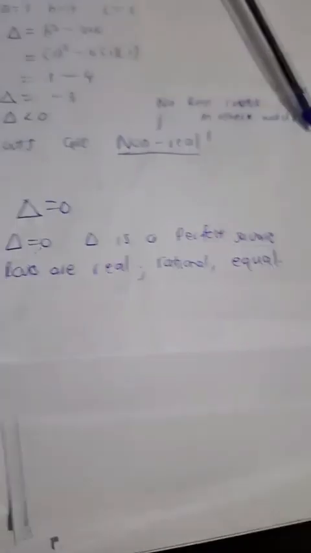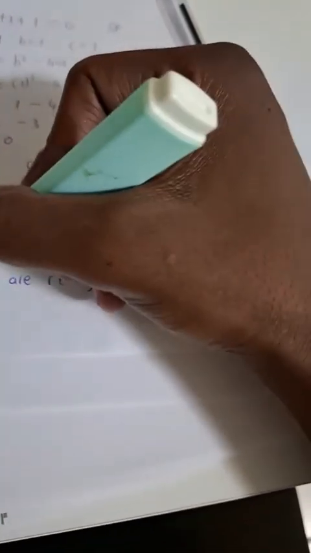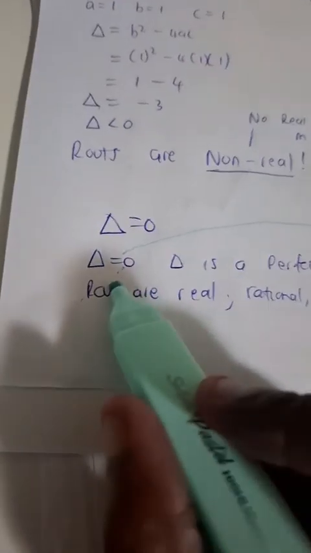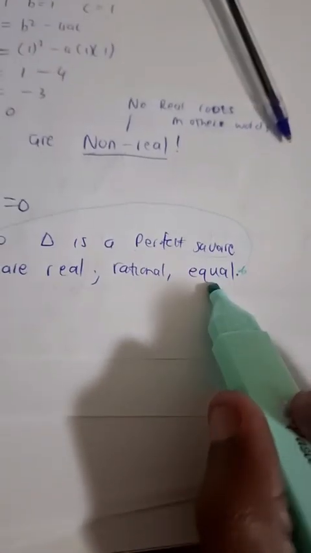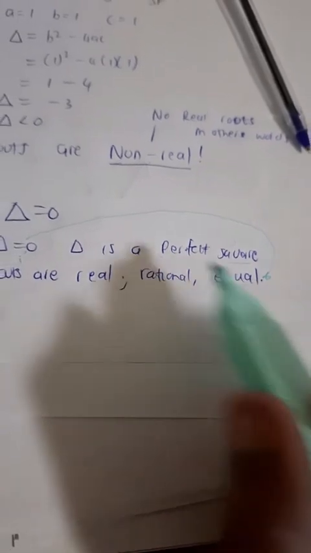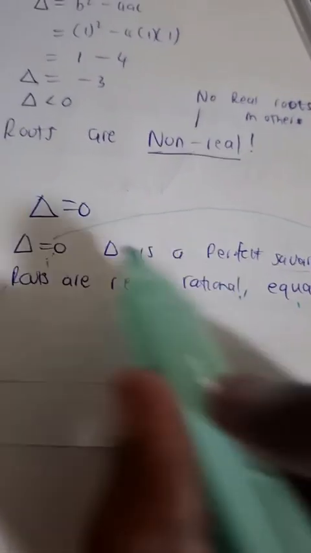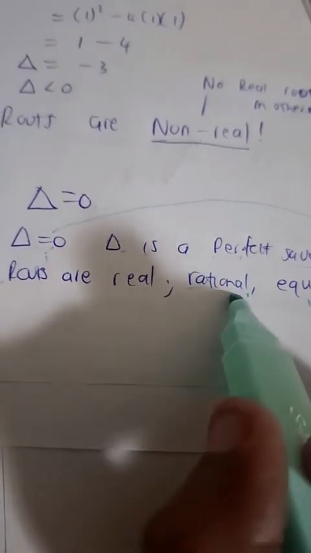The only time you will have roots that are equal is if delta is equal to 0, guys. Okay, a perfect square will always mean rational roots. If delta is a perfect square, it means the roots are rational.